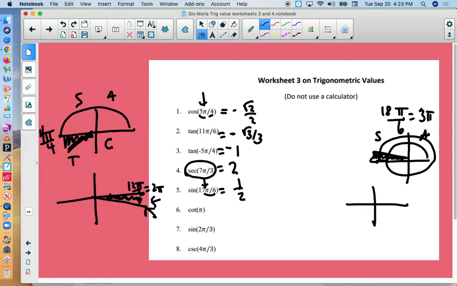Cotangent of pi. I'm going to think of the tangent of pi, or the tangent of 180. If you want to look it up in a chart until you learn it, that's fine. I think of this point like negative 1, 0 if the radius is 1, or negative 5, 0 if the radius is 5. But tangent is y over x.